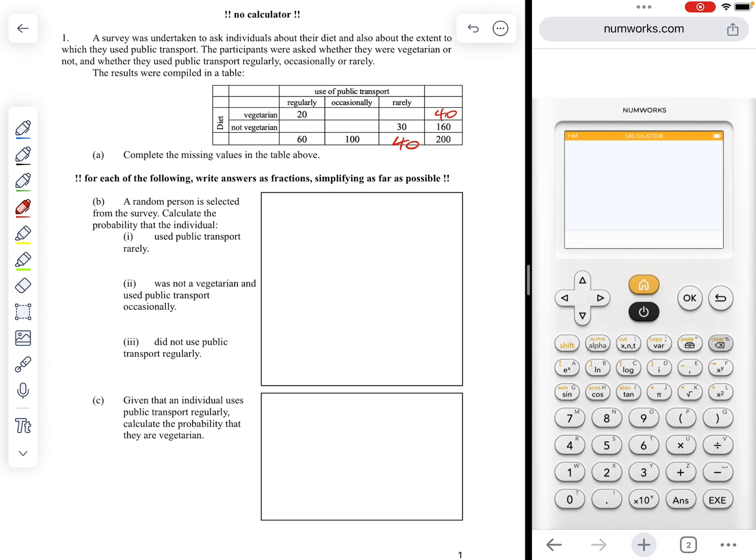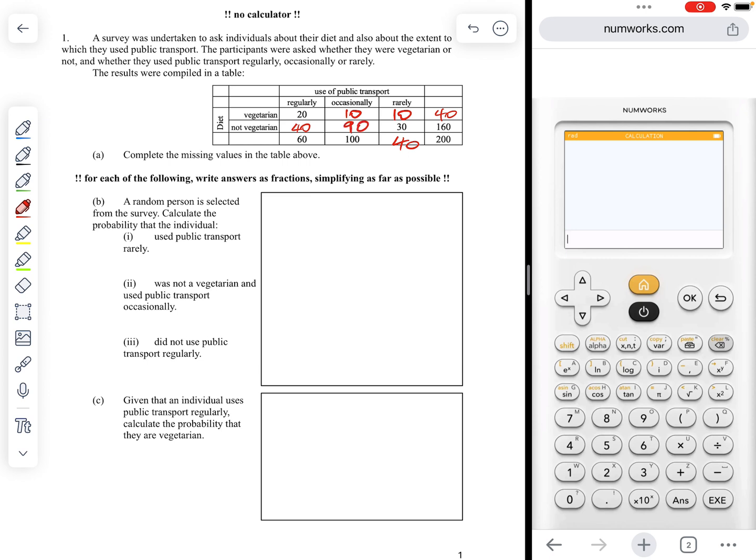In the column for rarely, to get a subtotal of 40, that means 30 with 10. Looking at the column for regularly, we would need to have 40. And then horizontally, the rows, 20, we would need 10 to get to our subtotal of 40. And going maybe down for occasionally, that column, we are missing 90.